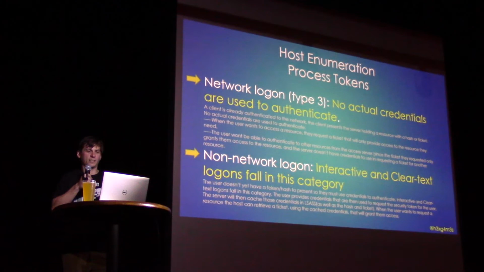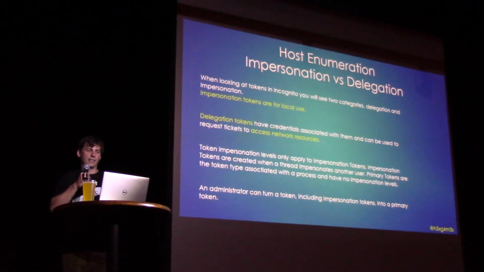And why that's important is because there are impersonation tokens and there are delegation tokens. I know this gets a little deeper, but when you're looking at a machine and processes, you want to look at what type of tokens you have available to you, because when we start moving around the network, it's going to matter. If you have an impersonation token, that means they came in with a network logon, and that token's only good for whatever it asked for when they came into this machine.